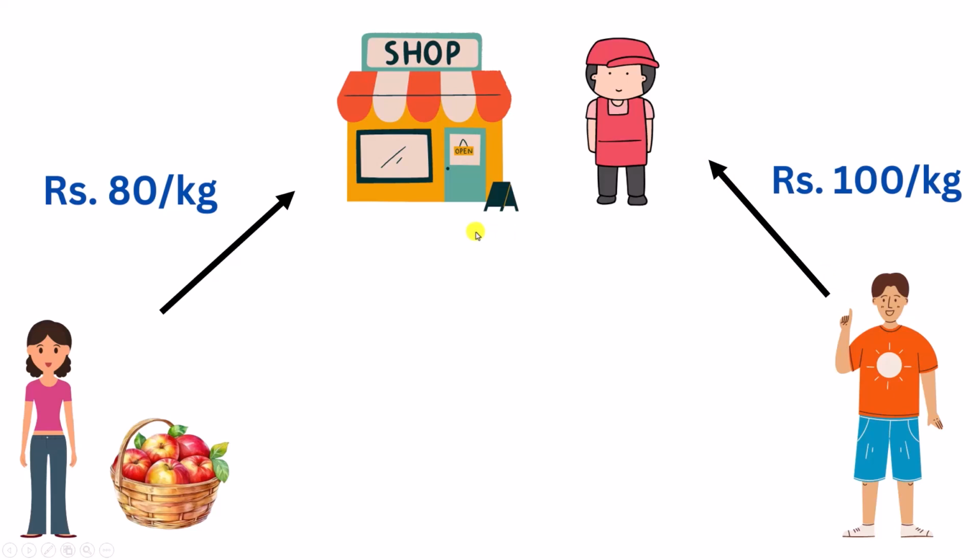If you see this transaction, you can see that the shopkeeper bought the apples at this price and sold the apples at this price. Correct? There is a difference of 20 rupees, which is 100 minus 80. And this difference is called a spread. The difference of price between buying and selling is called a spread.